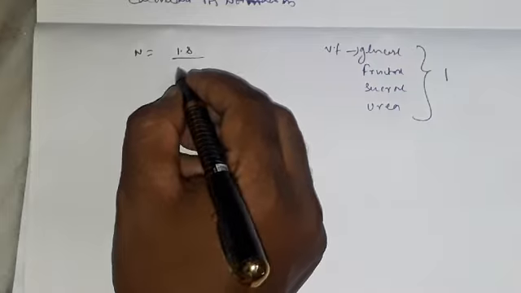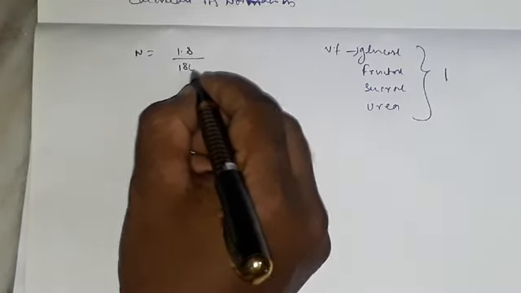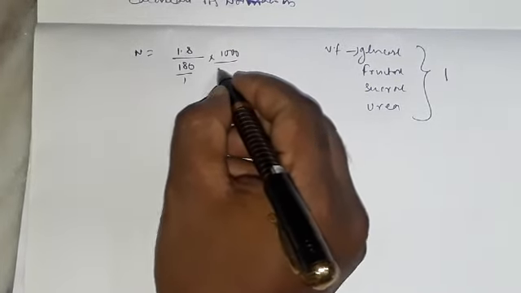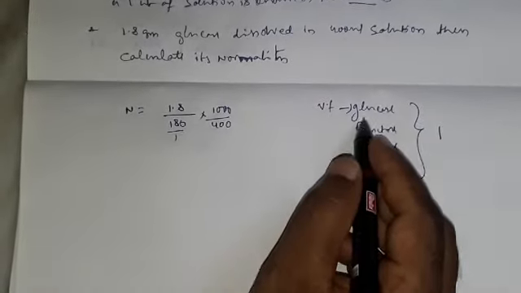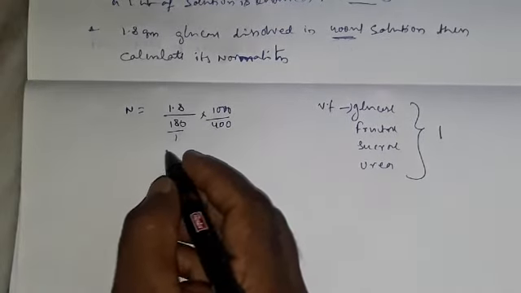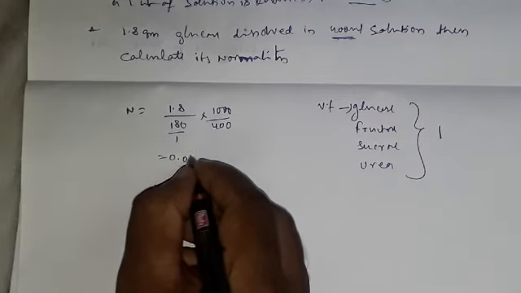Weight is 1.8 and molecular weight of glucose is 180 by 1 into 1000 by 400 ml solution. Based on this, the answer is 0.025 normal.